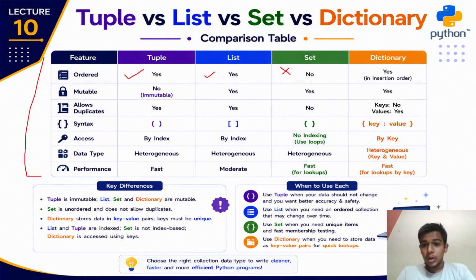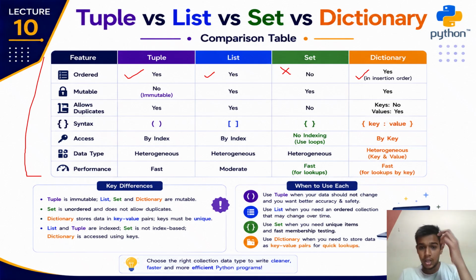A dictionary is also ordered. It preserves the insertion order of key value pairs in modern Python versions. So it is also ordered. That means the order of elements in a set may change whenever you print it.